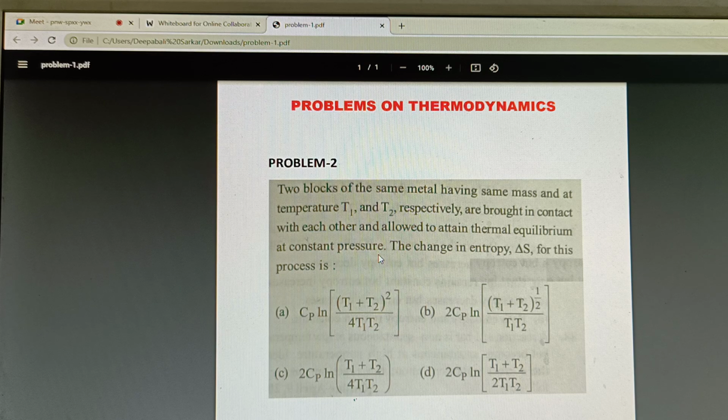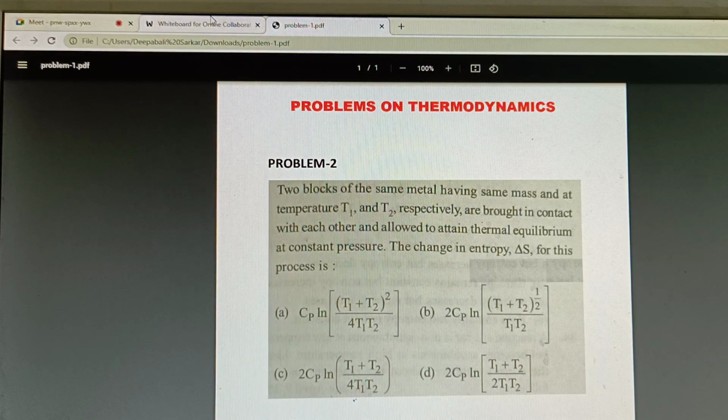The change in entropy delta S for this process is, four options are given. So here two blocks of the same metal and same mass having temperatures T1 and T2 are brought in contact with each other and allowed to attain thermal equilibrium at constant pressure.